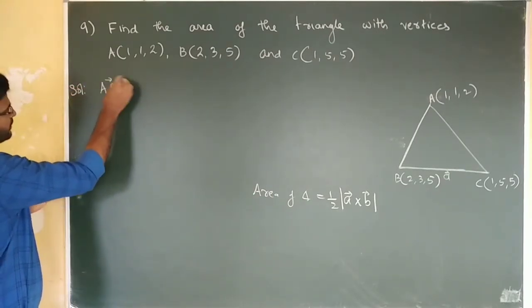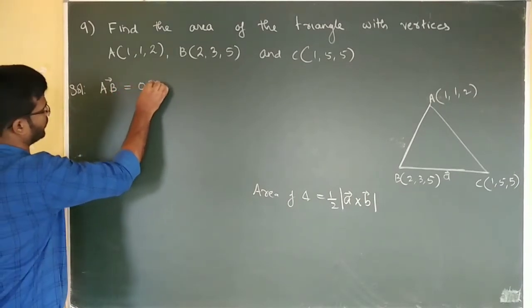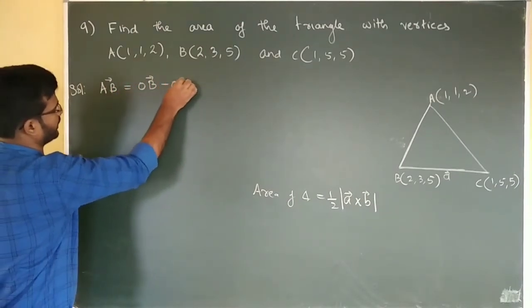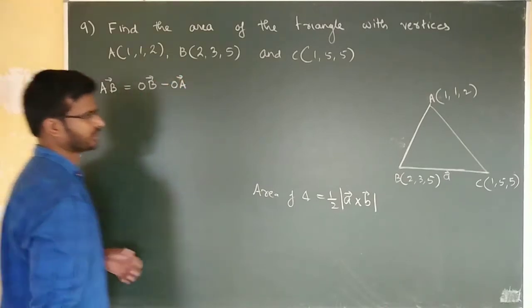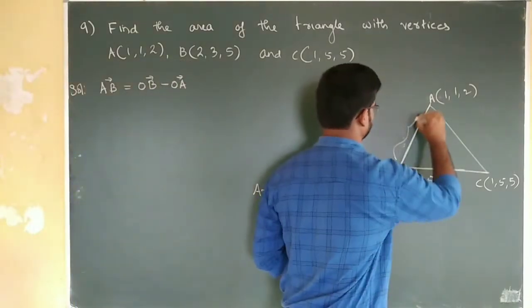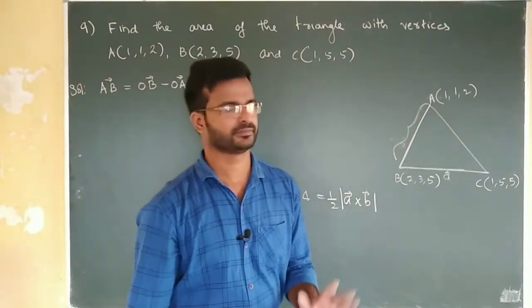AB vector equals OB vector minus OA vector. AB vector means this part, the first side.